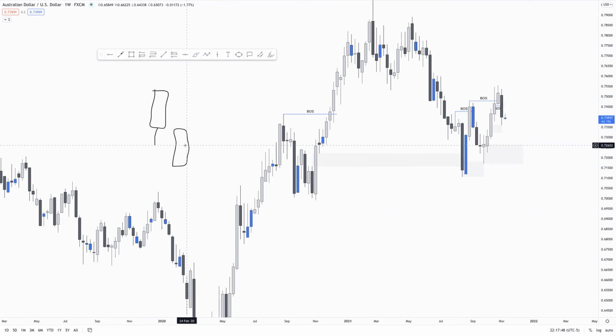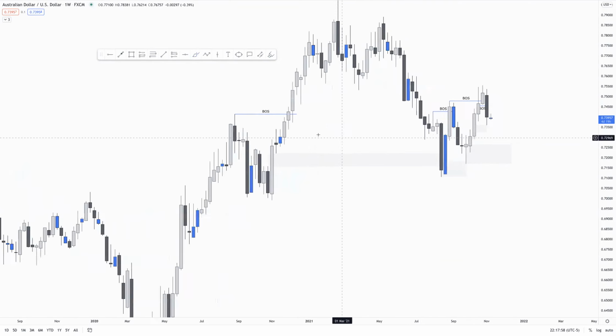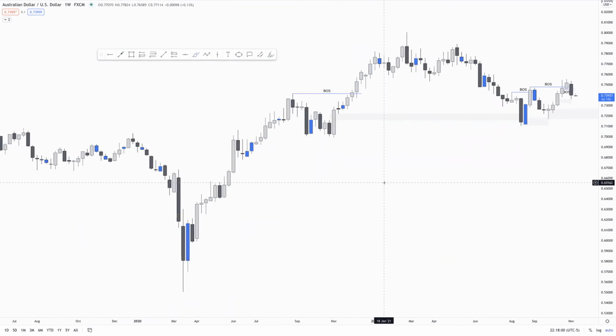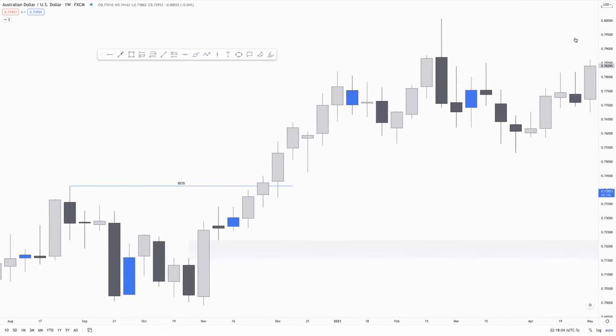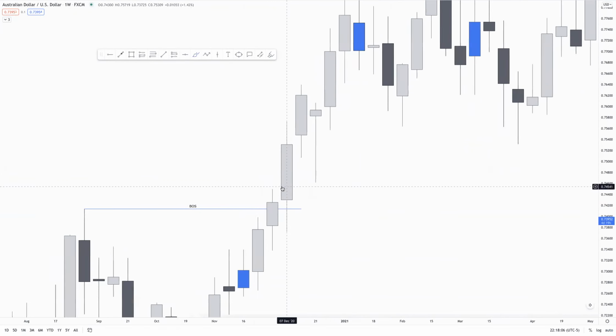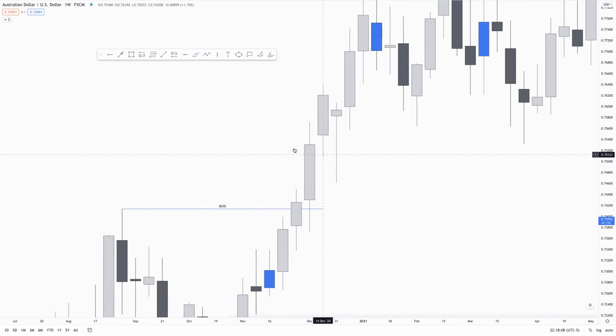That's not what I mean by gap. What I mean by gap is that the body of this candle is not covered. So the body not being covered means, if I go to this candle, there was a bit of inefficiency from here to here, right?